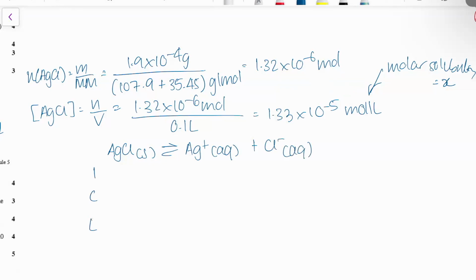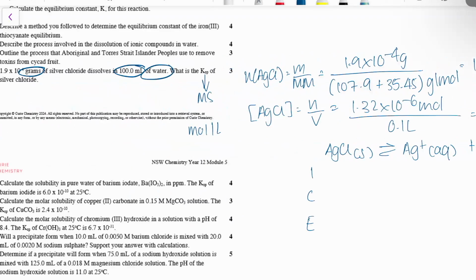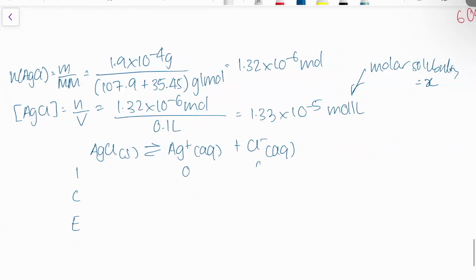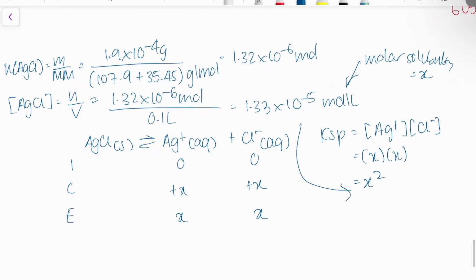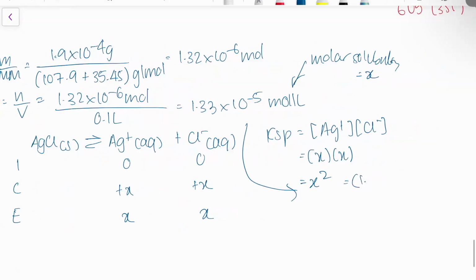Assuming I'm dissolving this in water, that's what they said anyway, they've dissolved it in 100 mLs of water. 0, 0, plus X, plus X. So this is X and X, which means if I write an expression for KSP, it's Ag plus times Cl minus, X times X is equal to X squared. So my job now is to just sub this straight in. 1.33 times 10 to the minus 5 squared. What do we get for KSP?